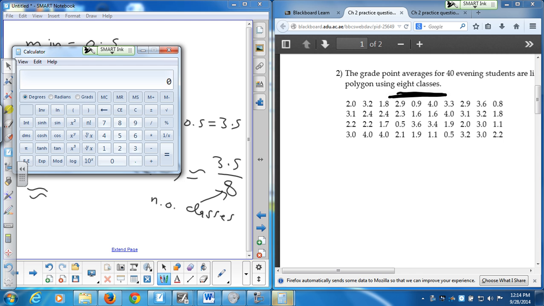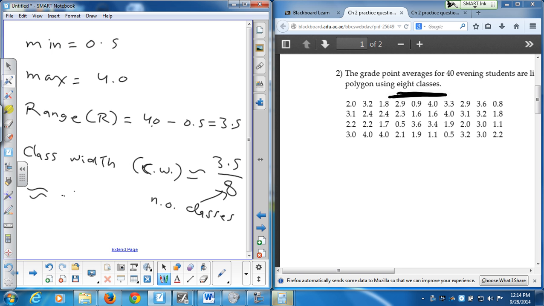Okay, so we need 3.5 divided by 8, so that would be equal to 0.4375. That's it. That's actually not exact, this is approximate. So how much are you going to select?